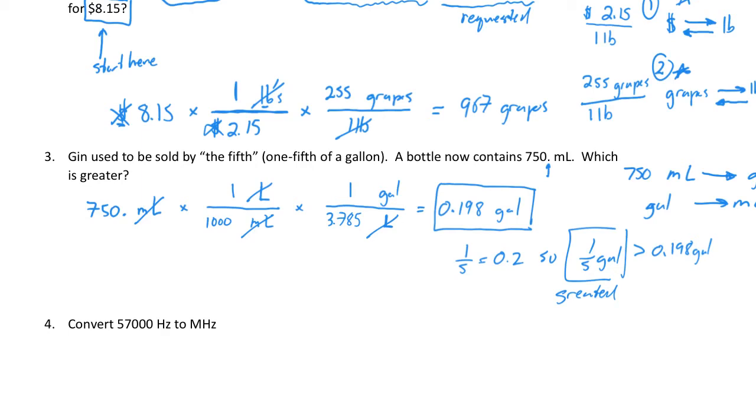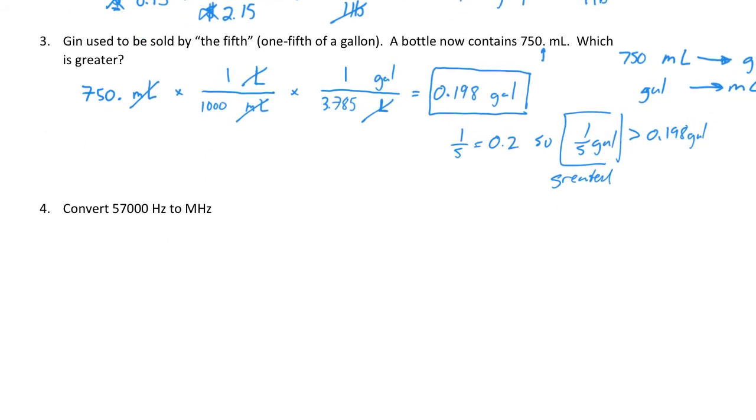Let's go to the next problem, problem number 4, which lets us compare metric units for frequency. So let's just read through the problem first. It says convert 57,000 hertz to this capital M hertz. So let me write this down first. Hz, that's a Z there, sorry, is hertz.